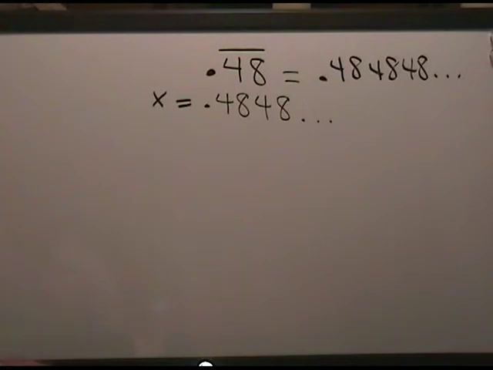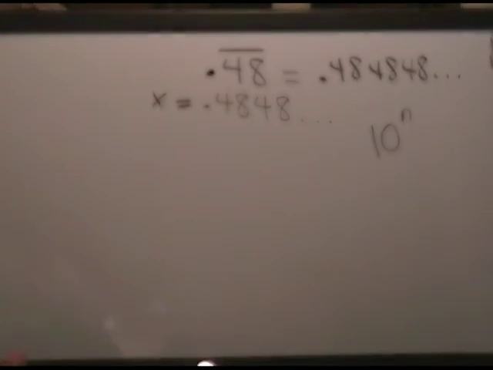The next thing we're going to do is form an equivalent equation. We're going to do that by multiplying each side of this equation by 10 to the n, with n being the number of repeating decimals.